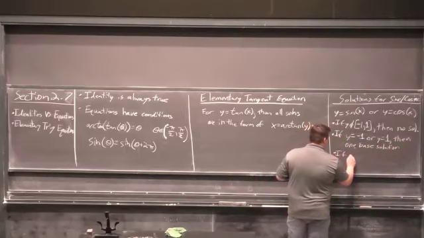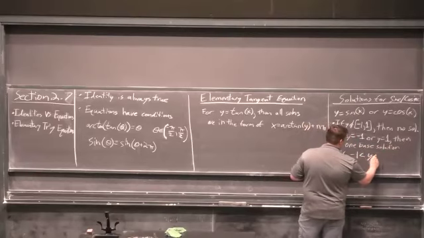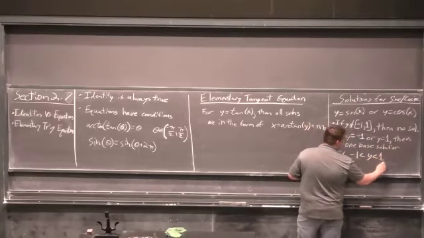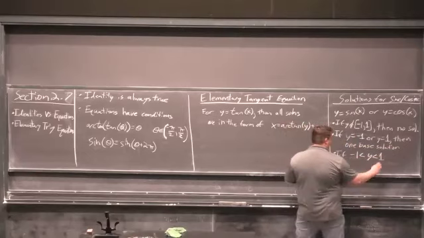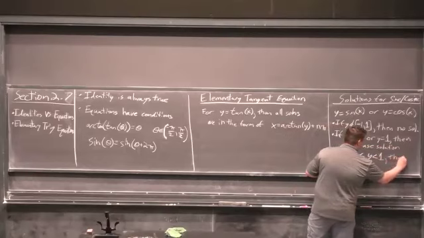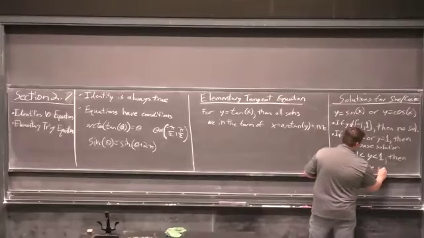If y is somewhere between -1 and 1, exclusive of -1 and 1, then we have two base solutions.